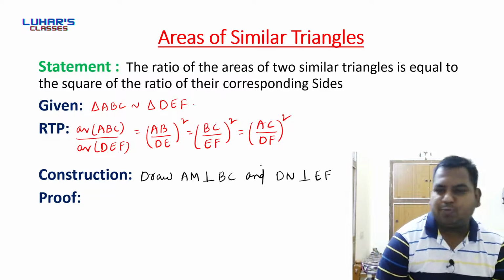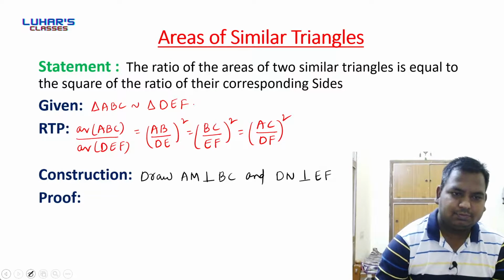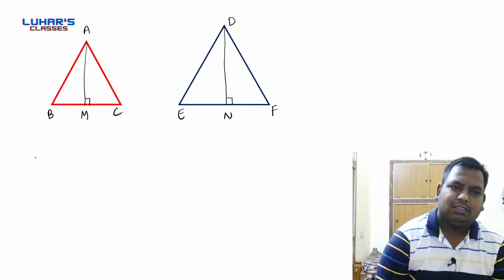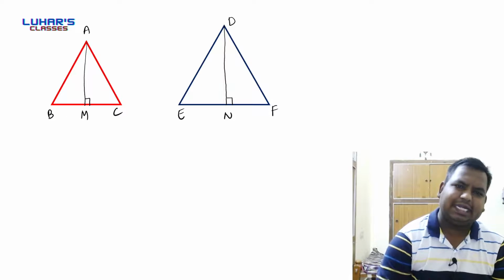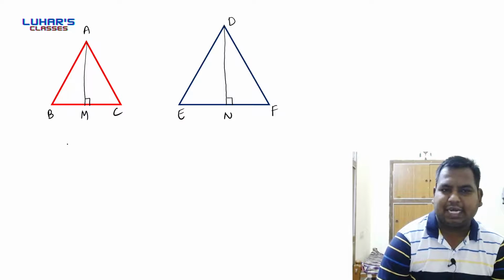Now the proof begins. We have to observe the figures carefully. In triangle ABC, if I consider base as BC, what is the corresponding height? The corresponding height is AM.